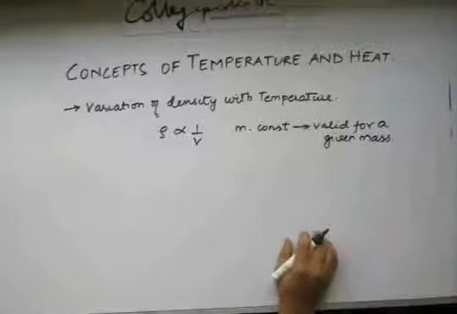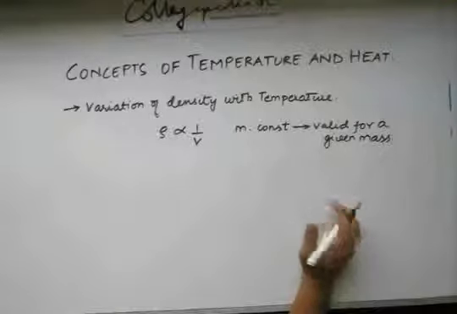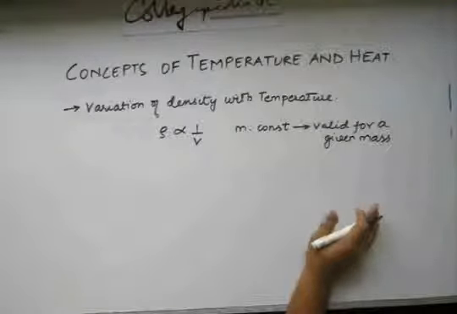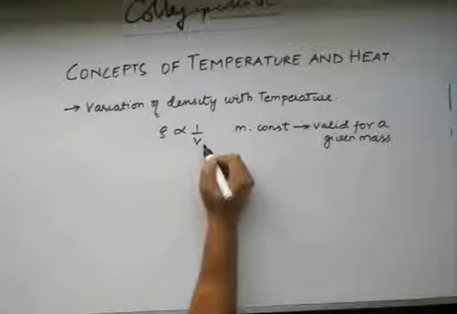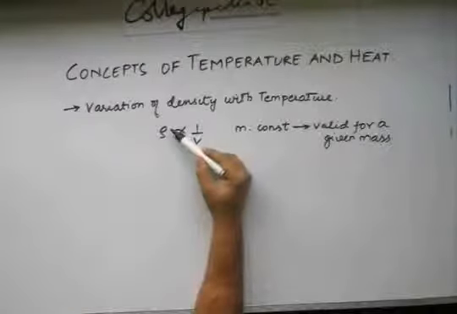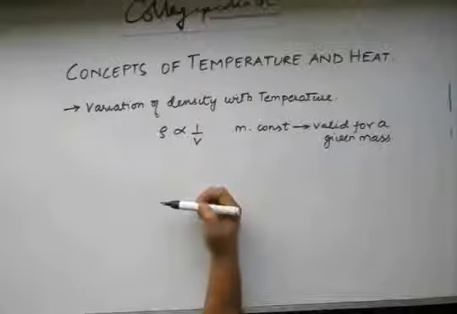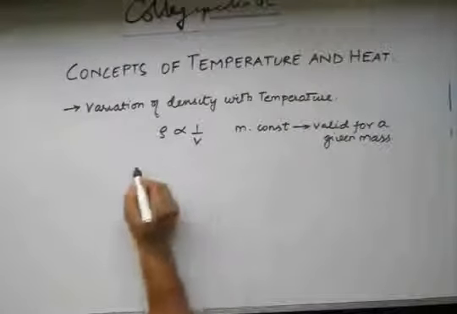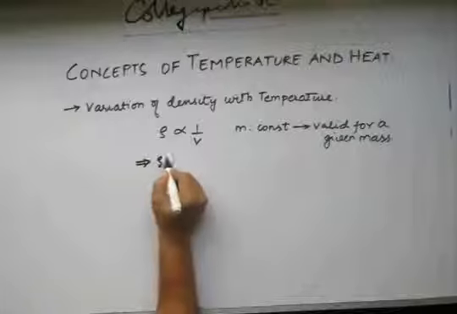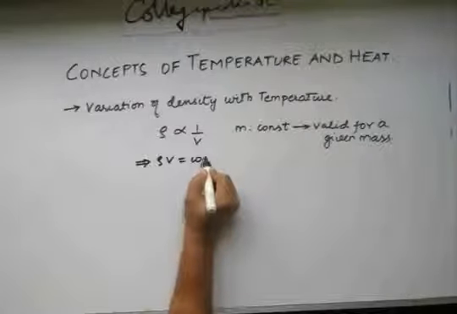Say we have a cube and we heat it, its volume expands. So if its volume expands, we will have a drop in its density. So this holds, we can say that rho V is a constant.